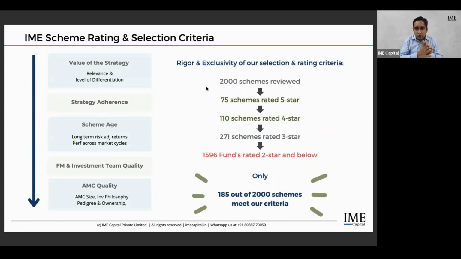You want to understand how they performed in terms of consistency over a period of time. Looking at the team, the fund manager, the AMC quality, this is really what helps us shortlist from this very large amount of schemes. As we said, there are only about 185 schemes of almost 2,000 schemes that we've looked at that meet our selection criteria.